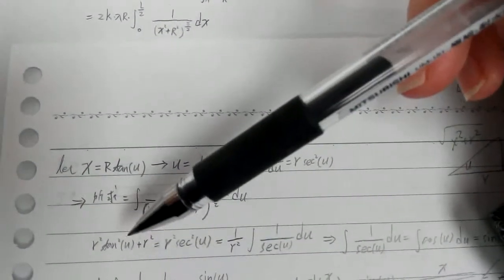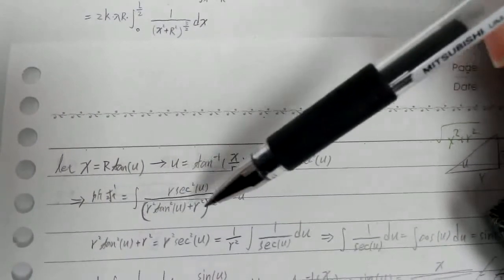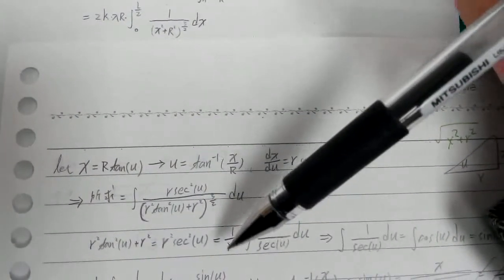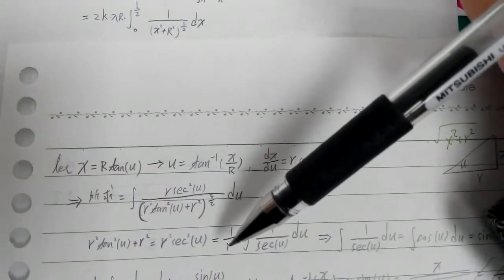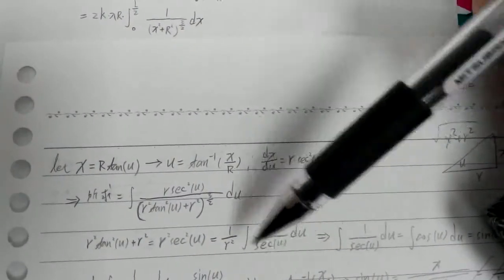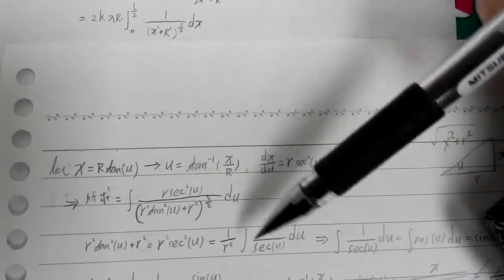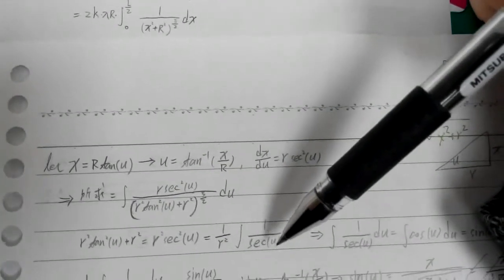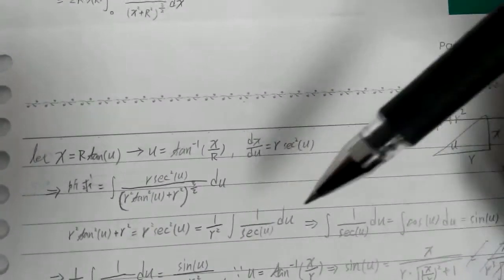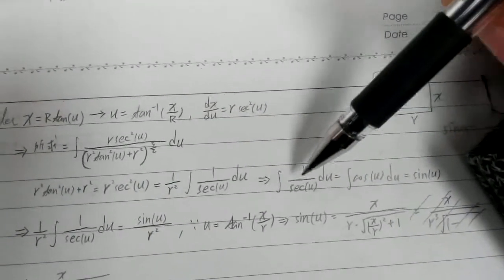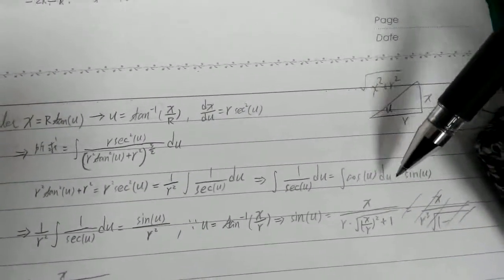And because the r we can take out, it will be 1 over r squared. And here will be sec to the power 3, here power 2, so in total we have power 1 at the bottom. And then this will be cosine.